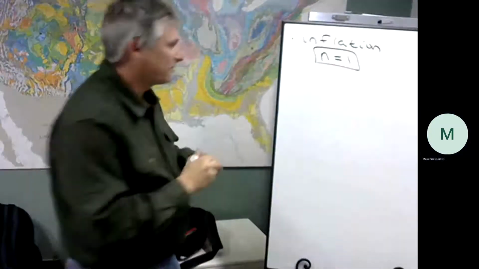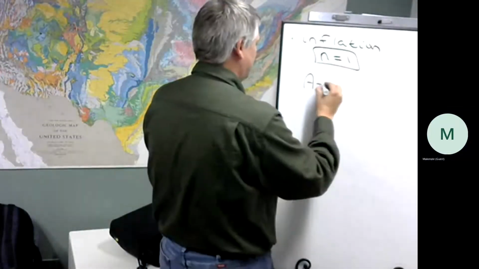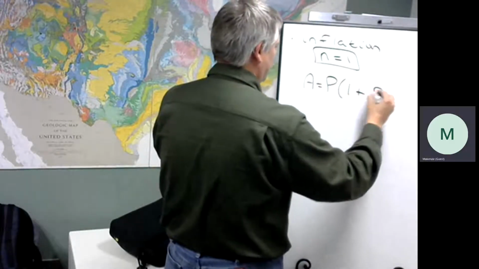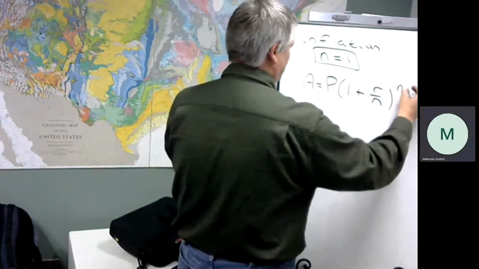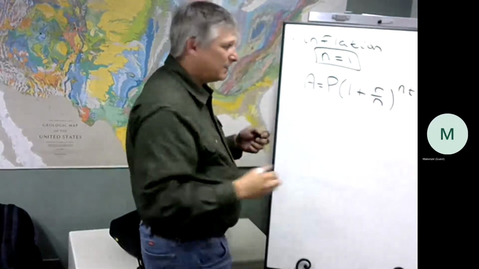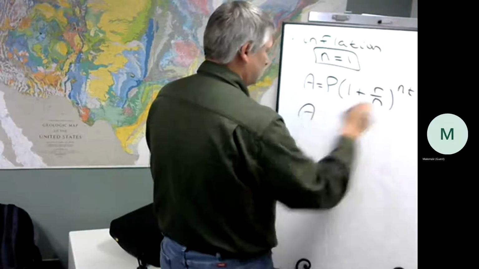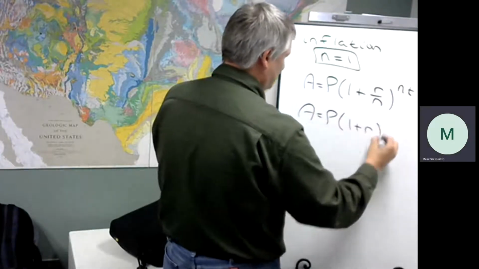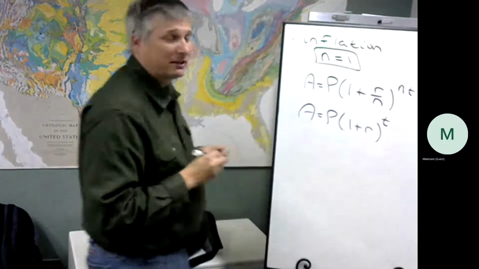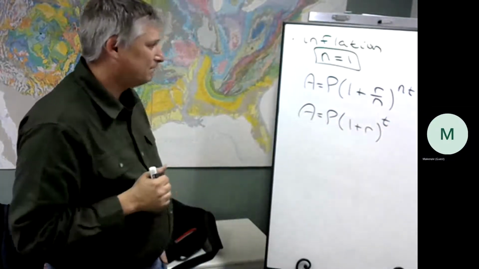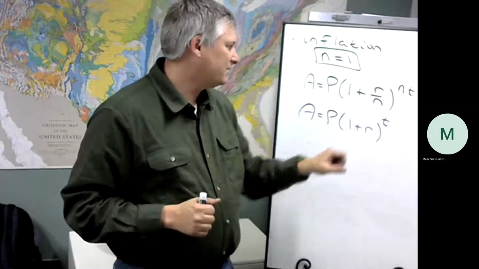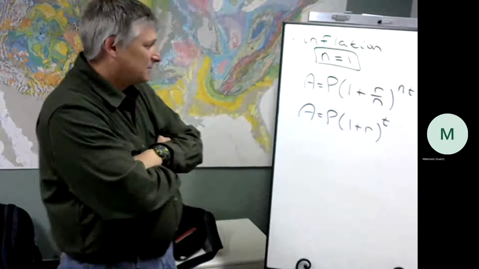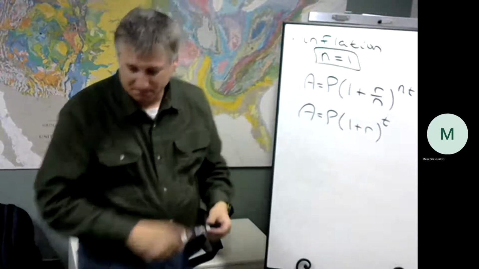So in essence, what our formula will become if we let n equal 1, we're basically going to get that. Because 1 times t is t, r divided by 1 is just r. So in essence, that's what we're going to get with inflation.